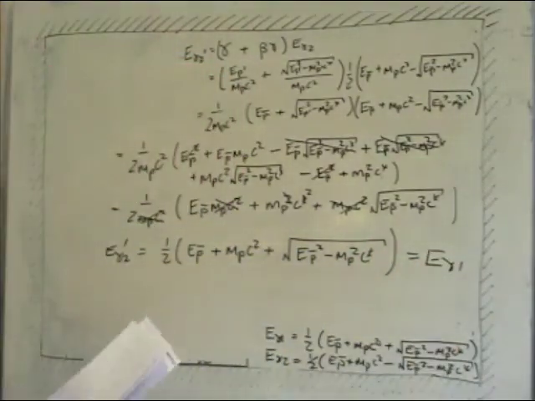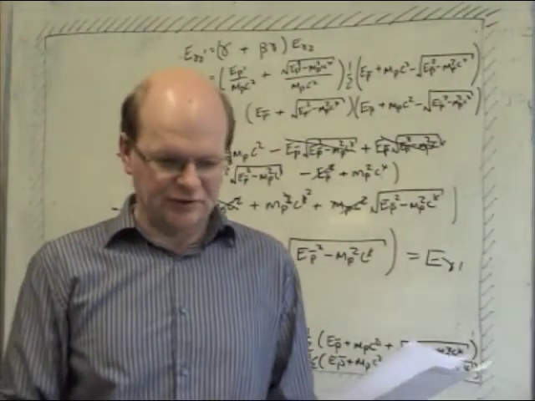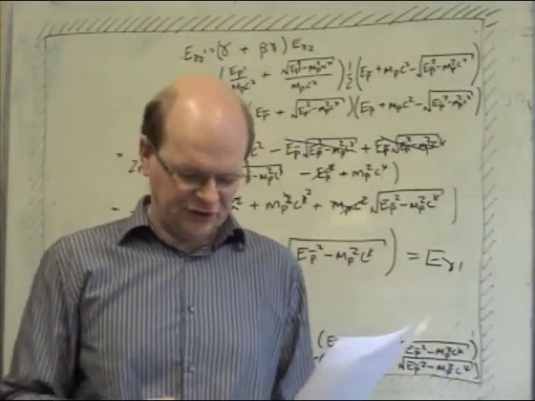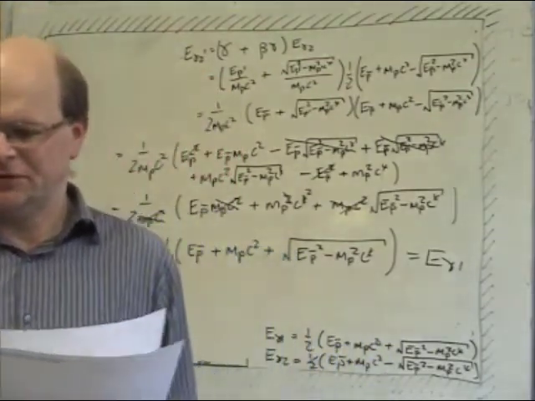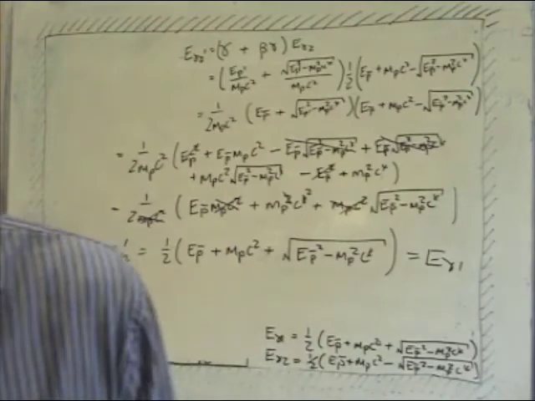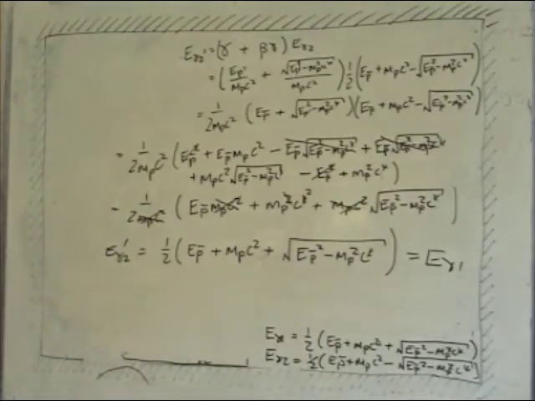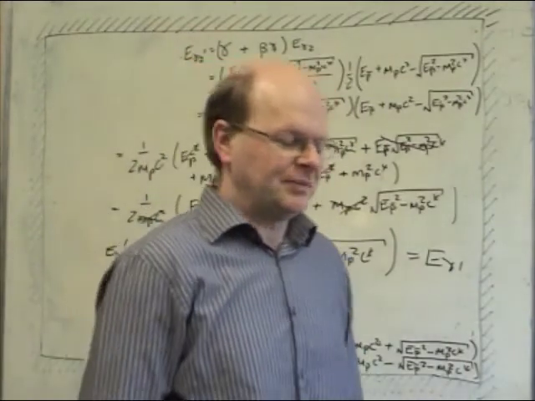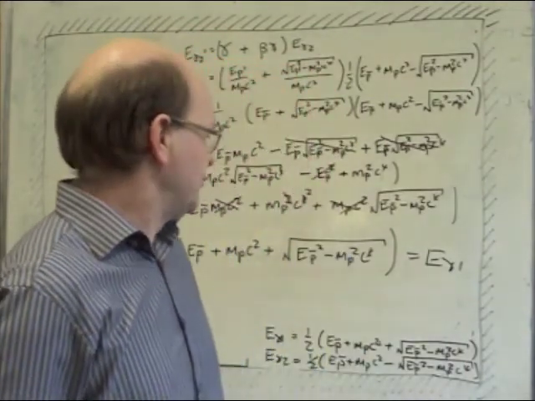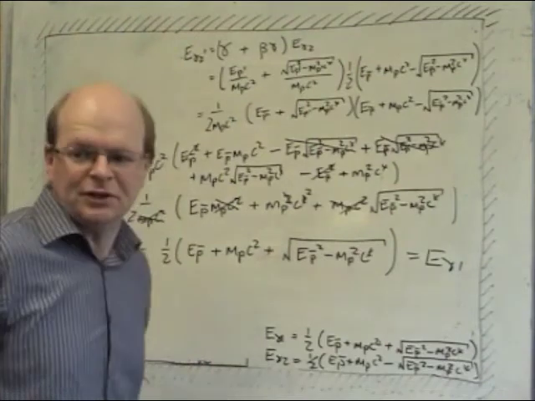So we've just shown algebraically that if you do a Lorentz transformation on the energy and momentum of the gamma 2 in the rest frame of the target proton into the energy and momentum in the rest frame of the incident antiproton, then the energy you get back for gamma 2 in the prime frame is the same as the energy of gamma 1 in the unprimed frame.